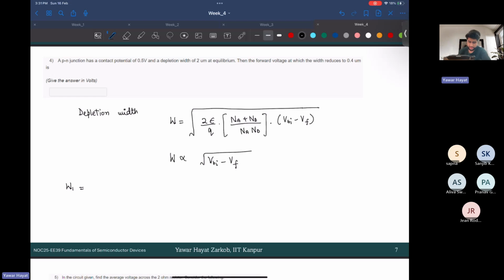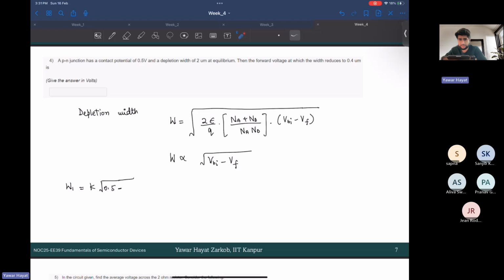2 micrometer. Right. So you can write this as K square root of your VBI, which is 0.5, minus, what should I subtract from VBI? Note that this is depletion width under unbiased condition, right?